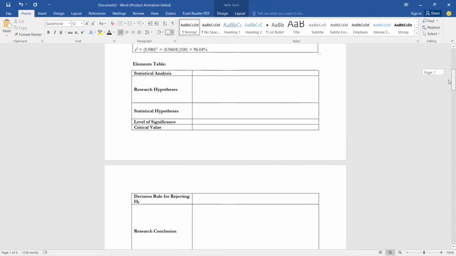Okay, now the elements table, this is what you will write here in the statistical analysis. It's Pearson correlation using Pearson's R. Now we still have the research hypothesis, the null and the alternative. Your null hypothesis should look something similar to this. The poverty rate in the province is not related to its teen pregnancy rate, and vice versa.